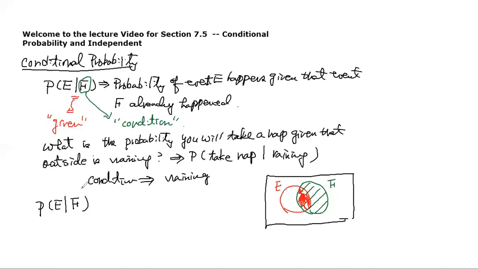Basically, your sample space really changed to F, because F has to happen first.